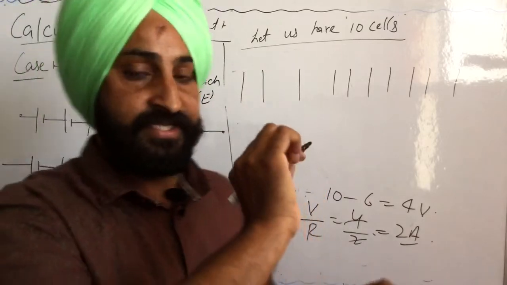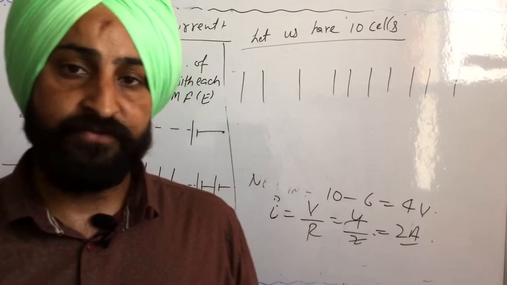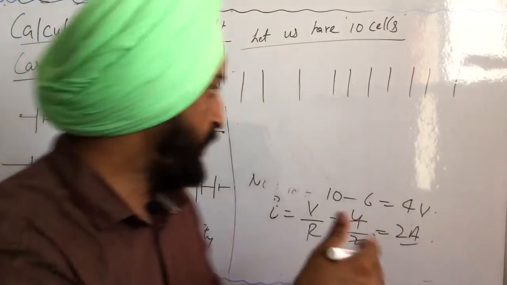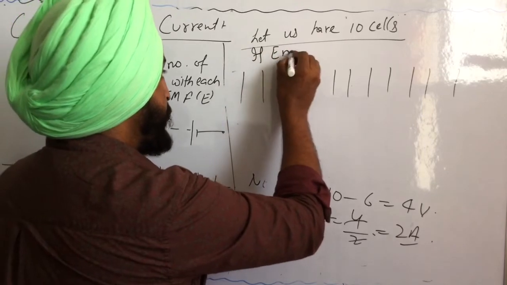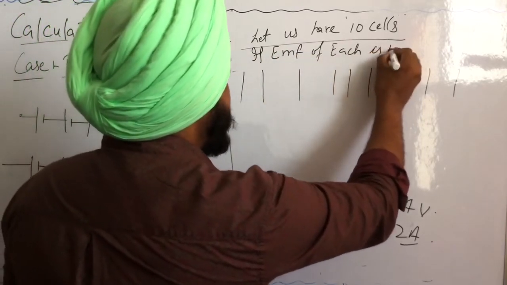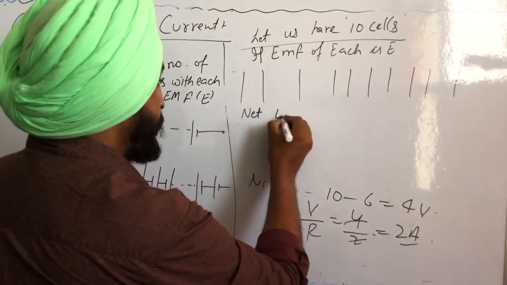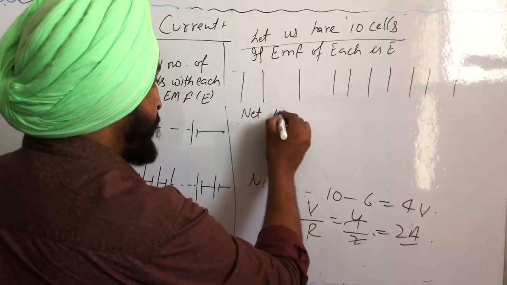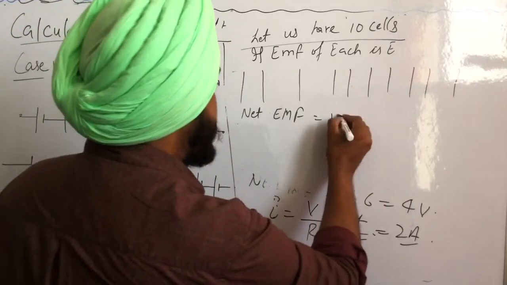If you have these 10 cells in order, and the EMF of each is E, what will be the net EMF? The net EMF would be 10 into E.